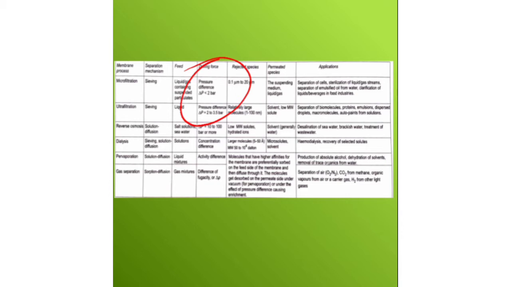In case of ultrafiltration, the separation mechanism is also sieving, the feed is liquid, and the driving force is the pressure difference delta P, which in this case is equal to 2 to 3.5 bar. And in case of reverse osmosis, the separation mechanism is solution diffusion, and the feeds are salt solutions and seawater.